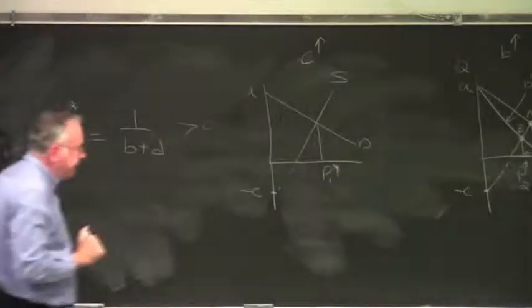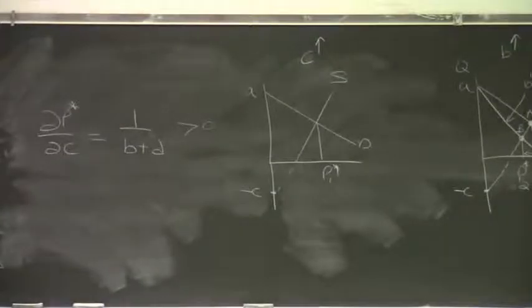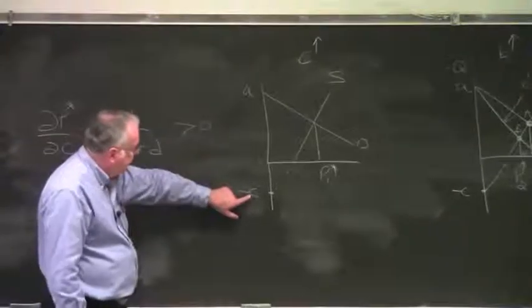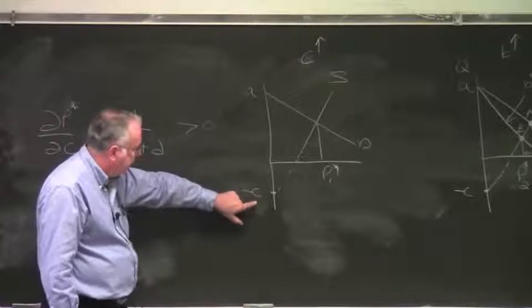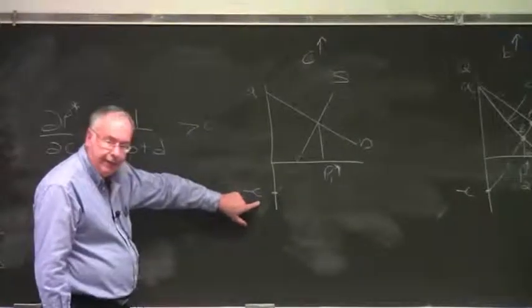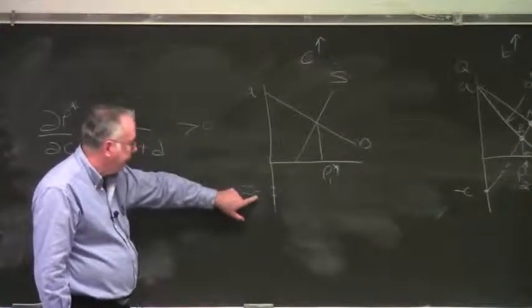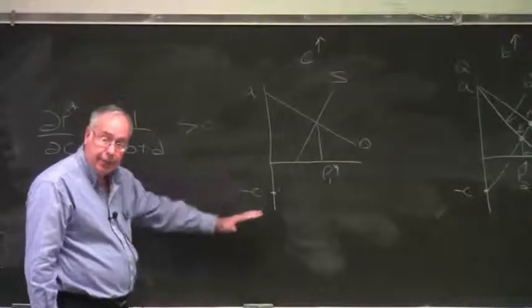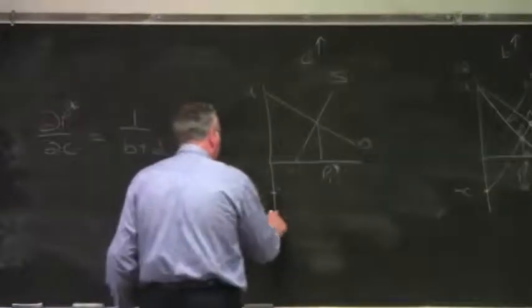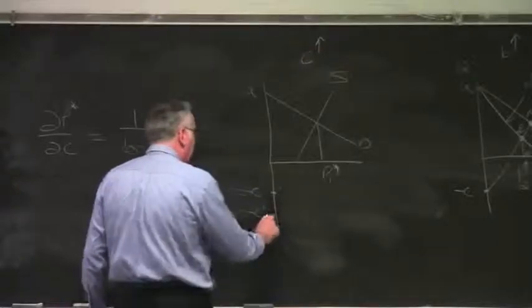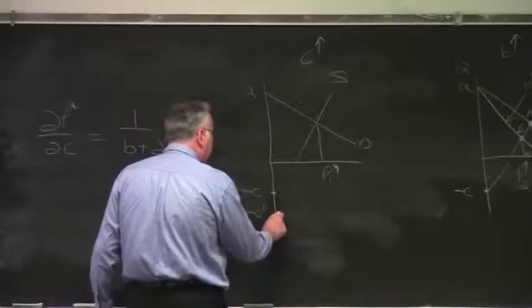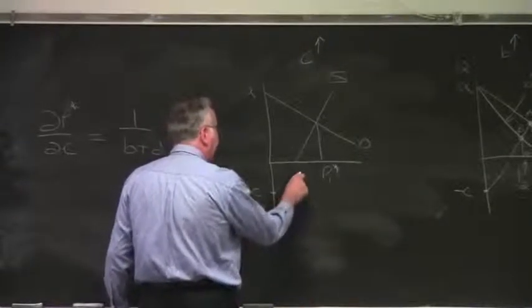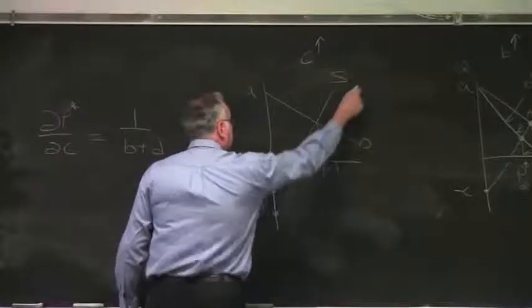Now when C gets bigger, say this C value is originally 10, and then it goes from 10 to 11. Then our intercept goes from minus 10 to minus 11. So it's actually moving down. So as C gets bigger, our supply curve actually shifts downward like this.